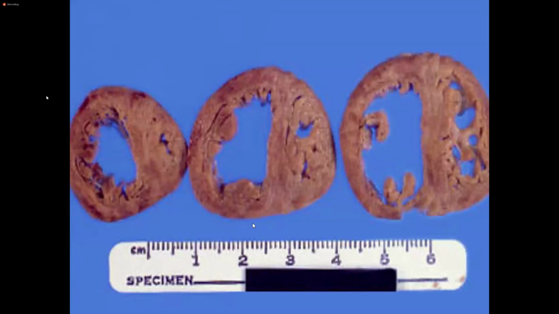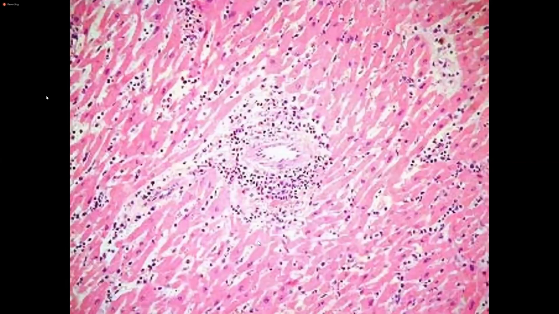This is from an infant with dilated cardiomyopathy, and in this case the cause is Coxsackie B virus, one of the causes of dilated cardiomyopathy, and this is a fatal condition. Anytime we are talking about viral infection, we talk about lymphocytic infiltration into the heart muscle.